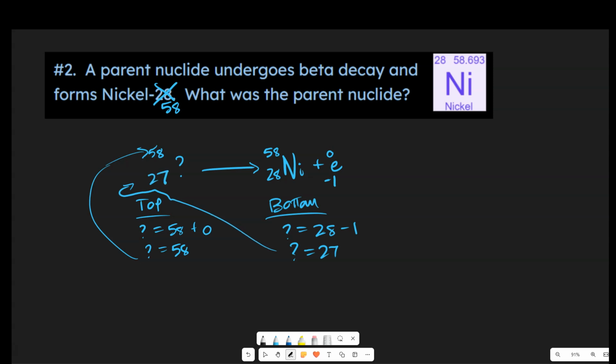So the question is, what is the question mark? We would say the question mark is equal to 58 with an atomic number of 27 down below. And that atom turns out to be cobalt, but we could also call it cobalt-58 if we wanted to. That's another way of writing this. This number over here is the mass number that's written.